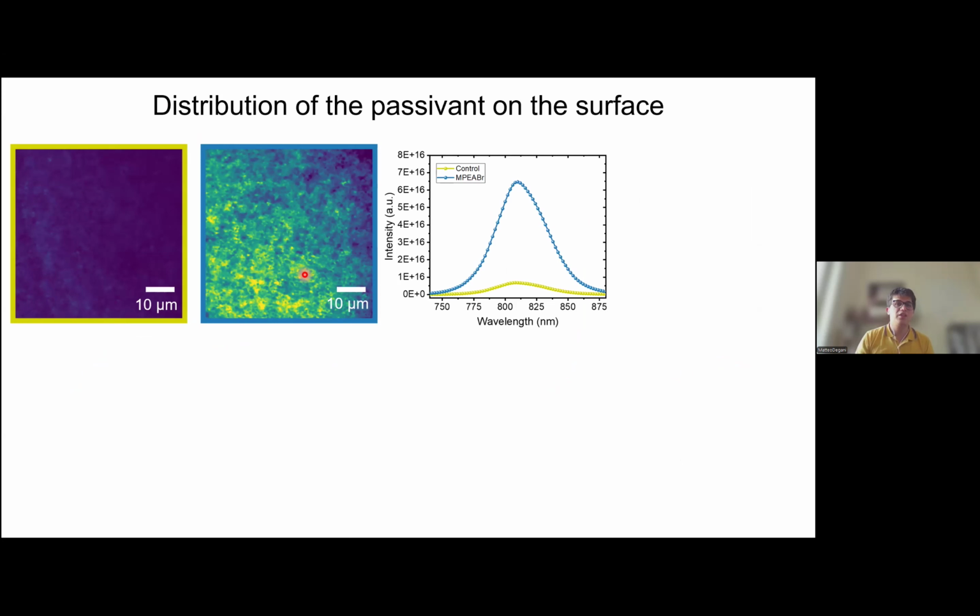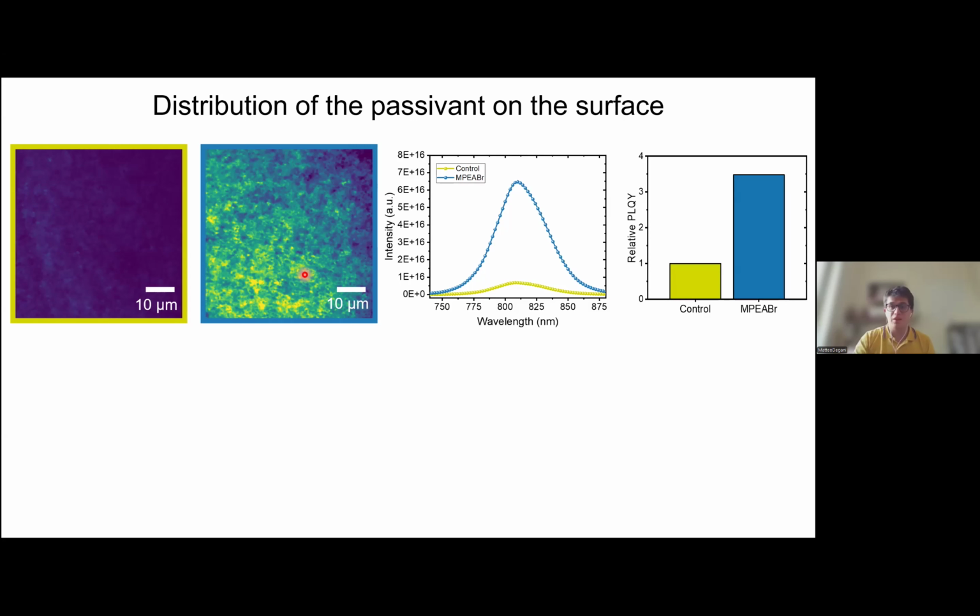So basically, the passivation helps and passivates the defects along all the surface of the 3D perovskite. And this can also be observed from a PLQY measurement, where we can see that the passivated device is more than 3 times higher with respect to the control.